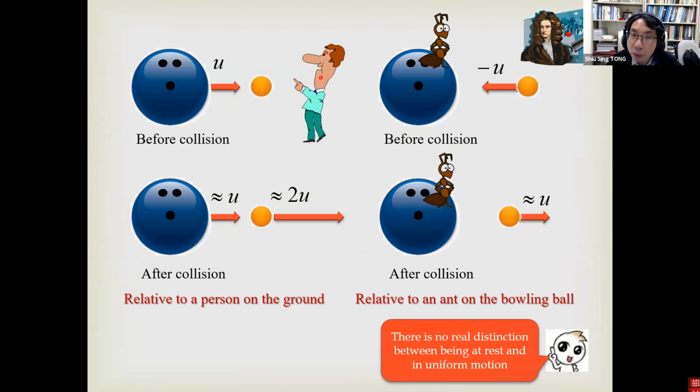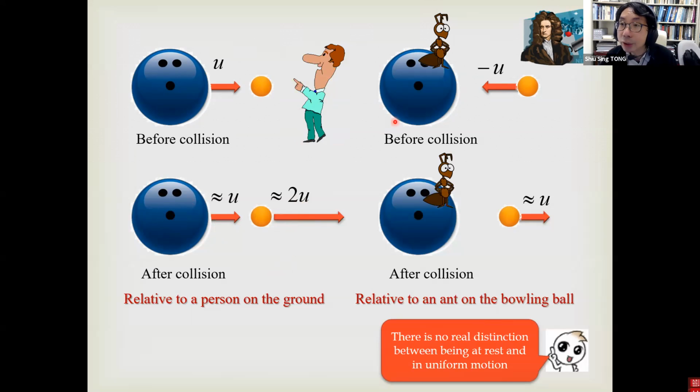Now, when we look at this situation from the point of view of an observer who is stationary on the ground, I see this situation: the bowling ball moving, colliding with the ping pong ball, the bowling ball's velocity not affected, but the ping pong ball moves off at twice the velocity of the bowling ball, right? So that is what we observe from the point of view of a stationary observer on the ground.